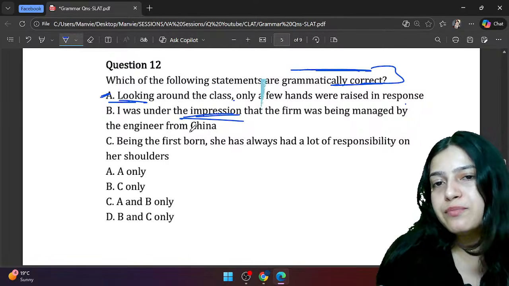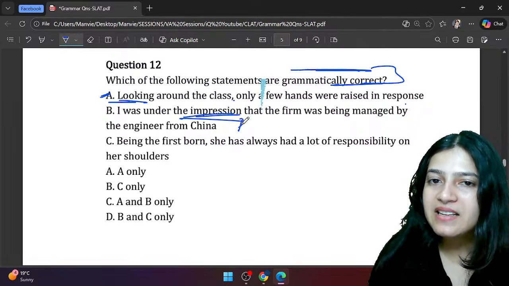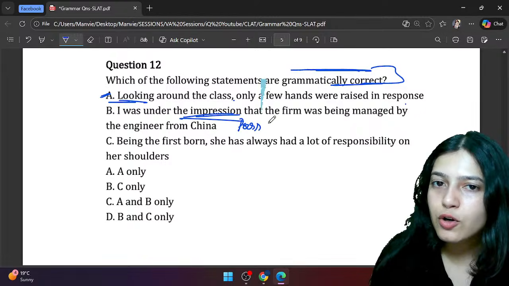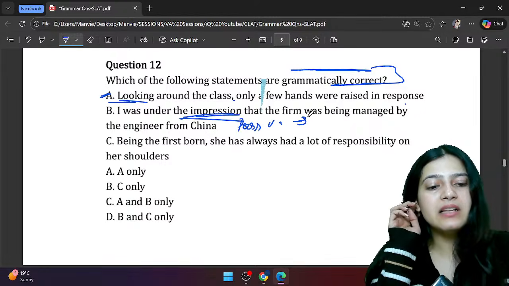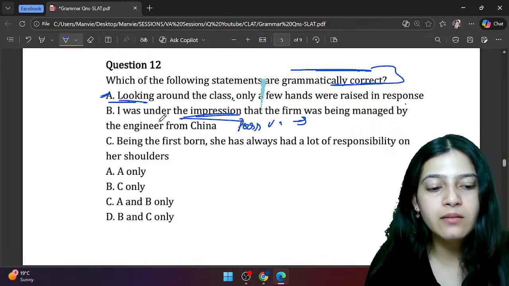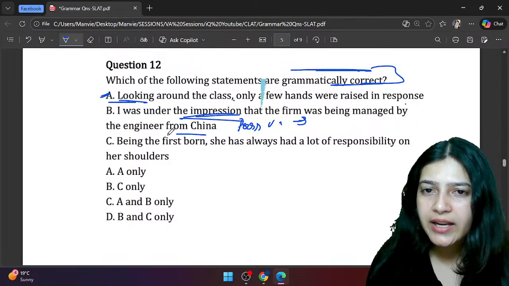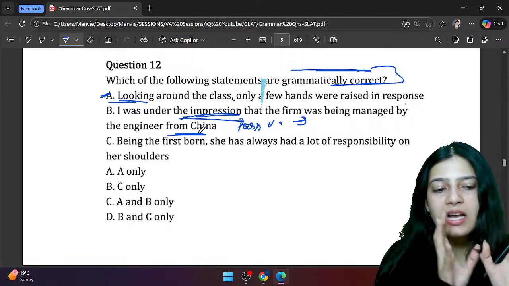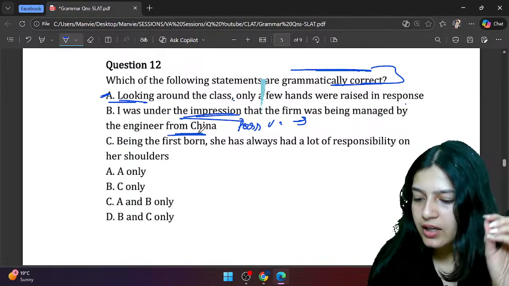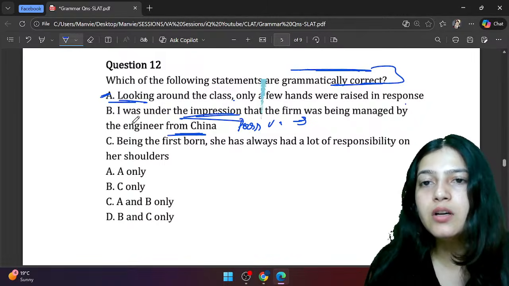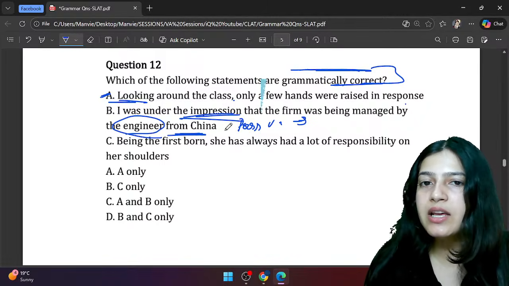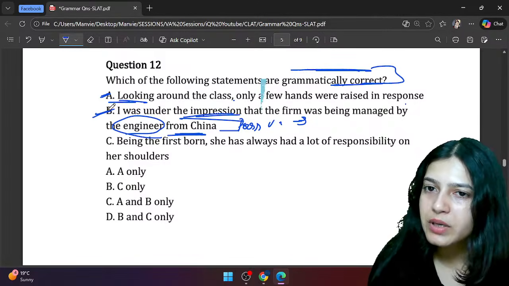The passive voice is used correctly. Plus the modifier here, from China, clearly describes the engineer. So there is no ambiguity at all. So B is also correct.